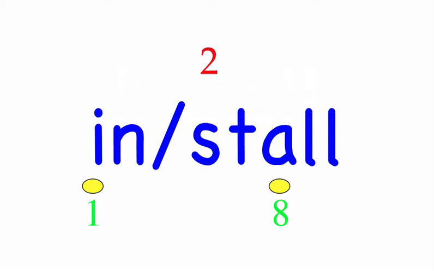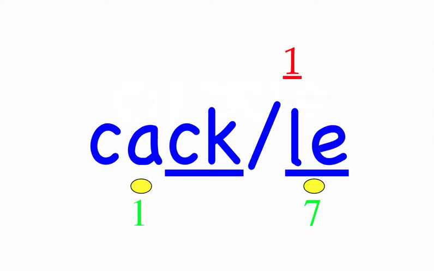Cackle. Cackle. He has a loud, high-pitched cackle. Cackle. Cack, 3 sounds: k, a, k. Ul, 1 sound. Cack, ul. Mark the word. Now here, CK must stay with a short vowel.